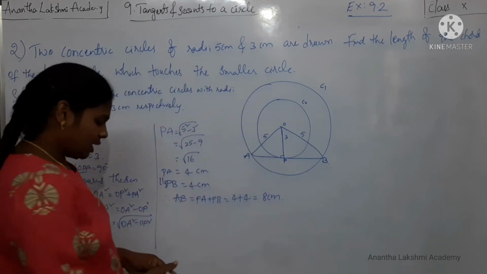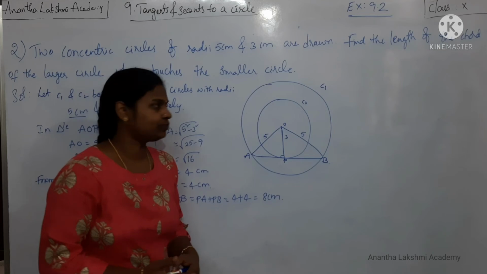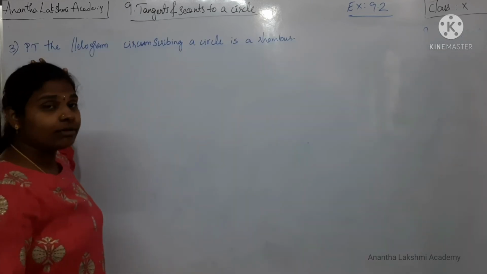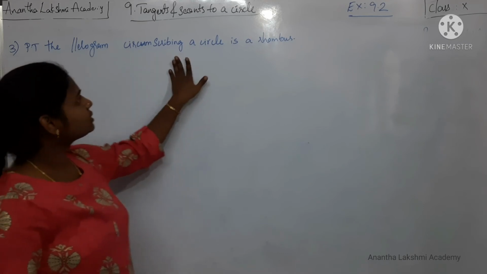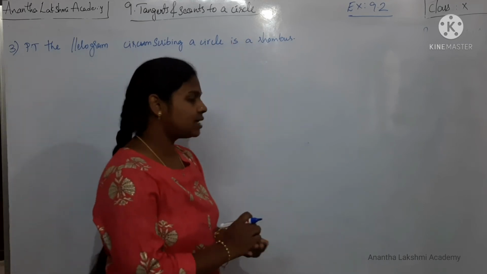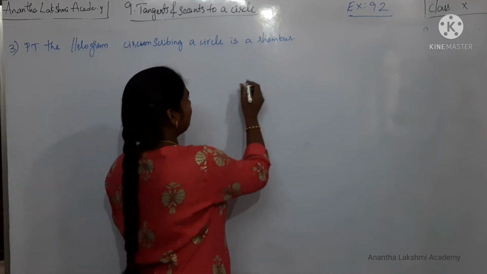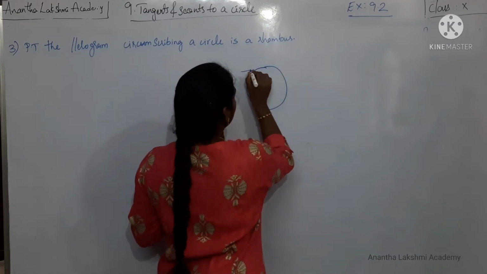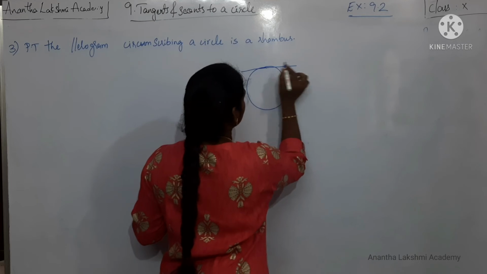Alright, that is about problem number 2. Let's look at the next one. So we have the problem number 3 here, wherein prove that the parallelogram circumscribing a circle is a rhombus is what is given. So let us draw a circle and a parallelogram.